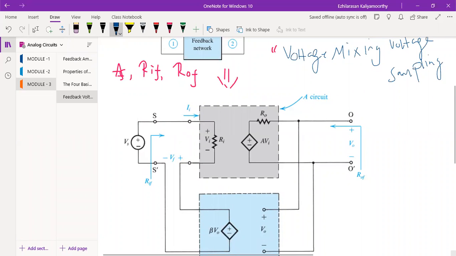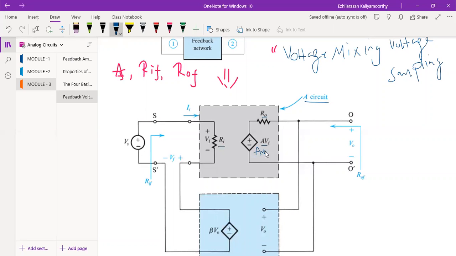So now, this is the open loop amplifier. The A circuit only we can call the open loop amplifier. The open loop amplifier has Ri, then AV, that is a voltage gain, and the R naught. Because this AVI is nothing but AV naught actually.